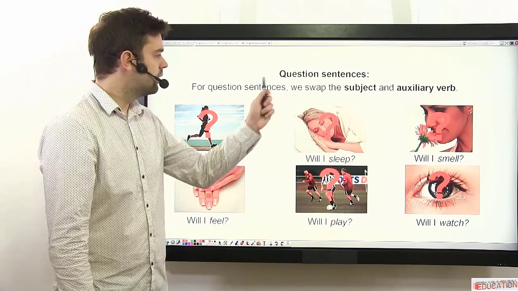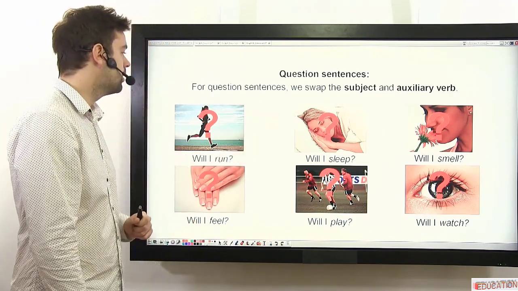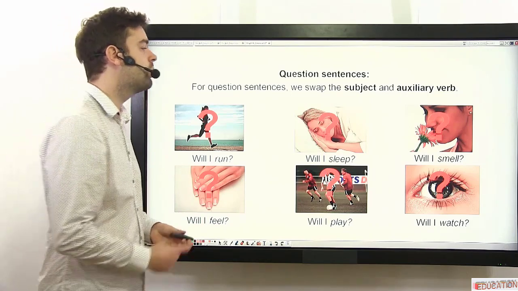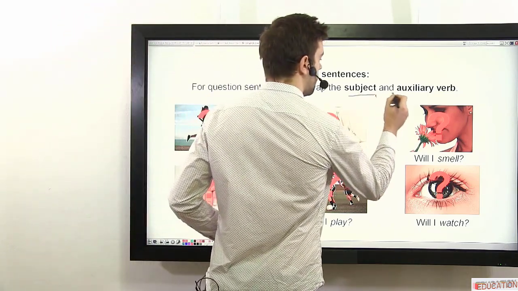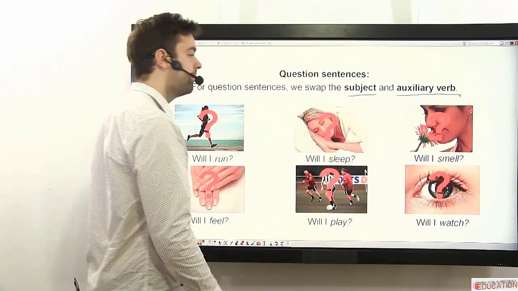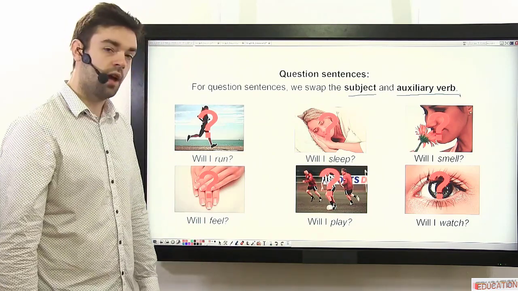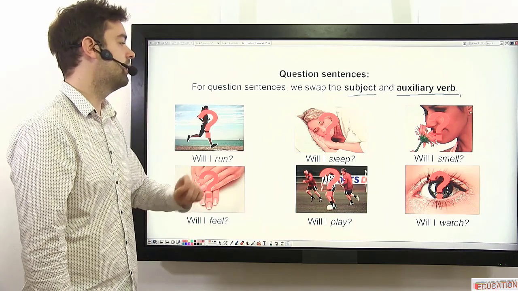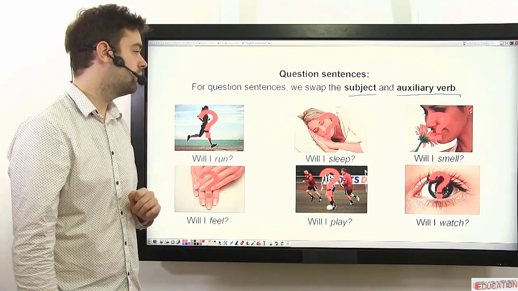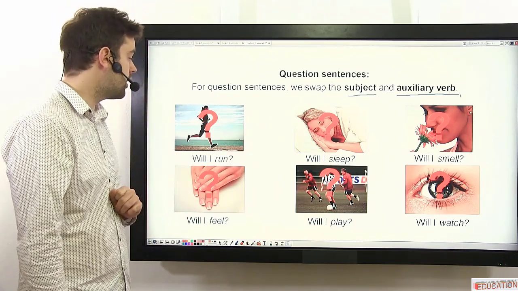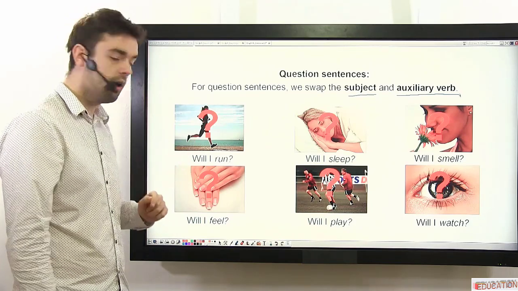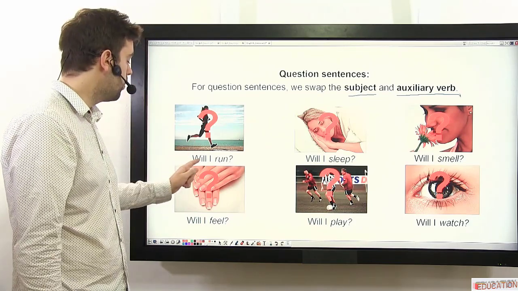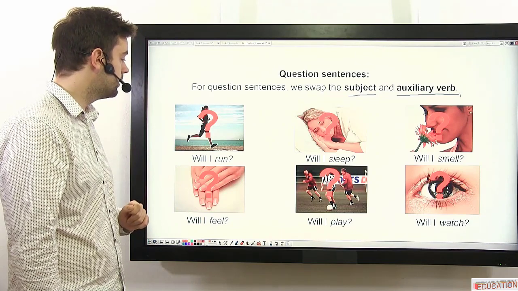What about question sentences? Well, for question sentences, we swap the subject and the auxiliary verb. So, the subject, I, he, she, it, and the auxiliary verb, will. For example, will I run?